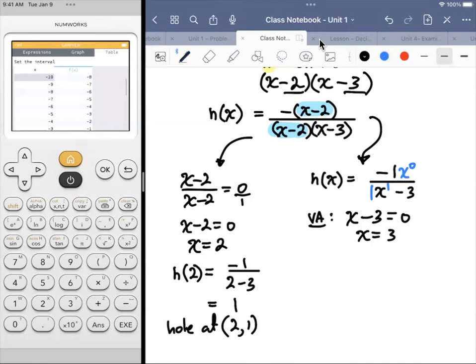All right, so in looking for my horizontal asymptote, I identify the m value and the n value. So that's going to be the 0 and the 1. The relationship is that m is less than n. So that means my horizontal asymptote is y equals 0.